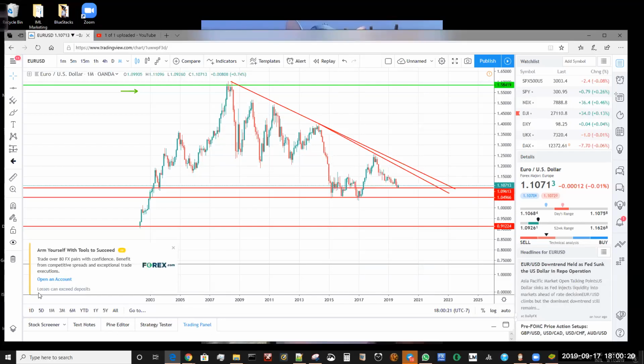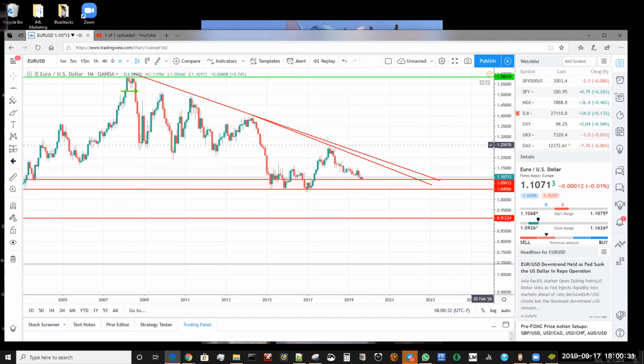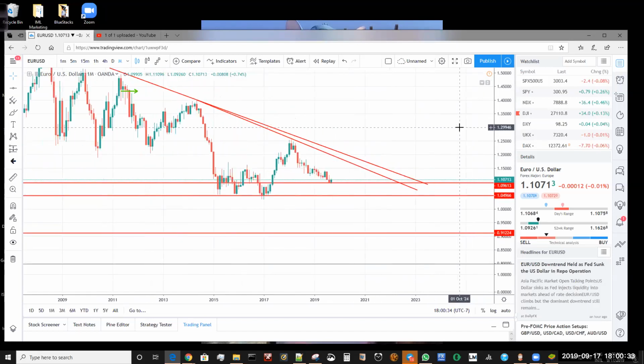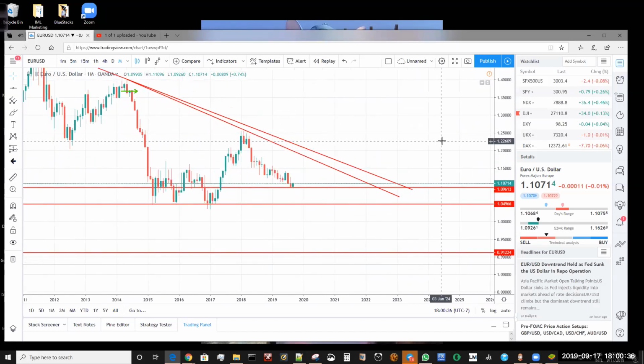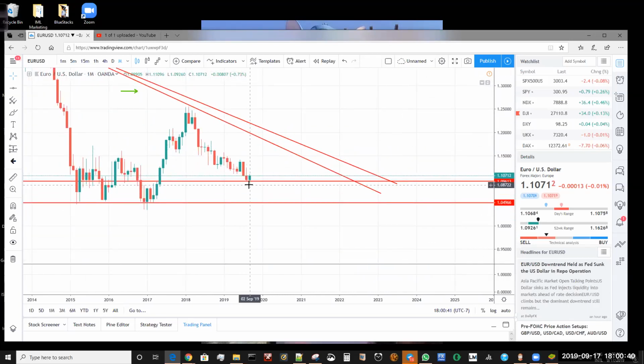Okay, here we are back at our monthly chart, Euro USD. It's compressed. We still have our trend lines and our support and resistance lines. I'm going to expand this chart so we can focus on the current monthly candle, which is this green candle right here.